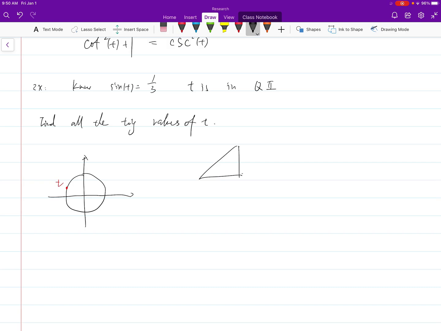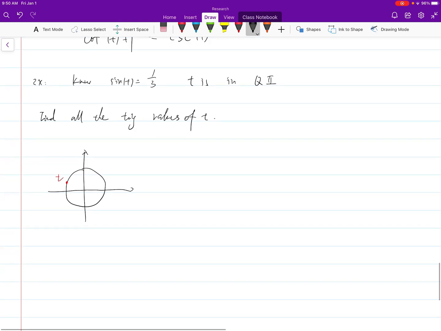Okay. Now, what do you do? You use the trig identities to do all this. But remember, this time you cannot draw the right triangle because it's not an angle anymore. So what you can do is just focus on sine t equals 1/3. Number 1, cosecant t equals 3.